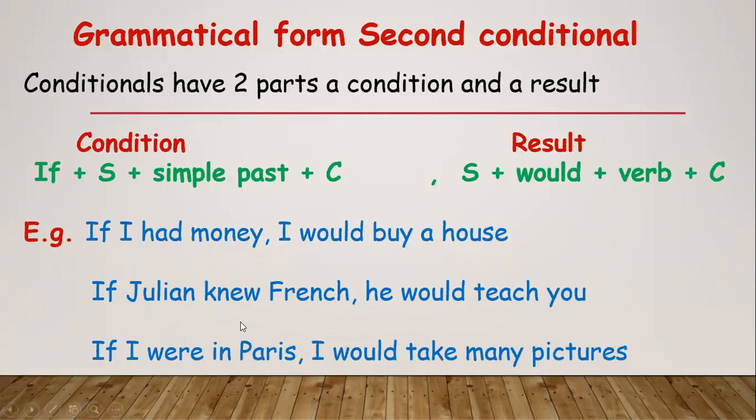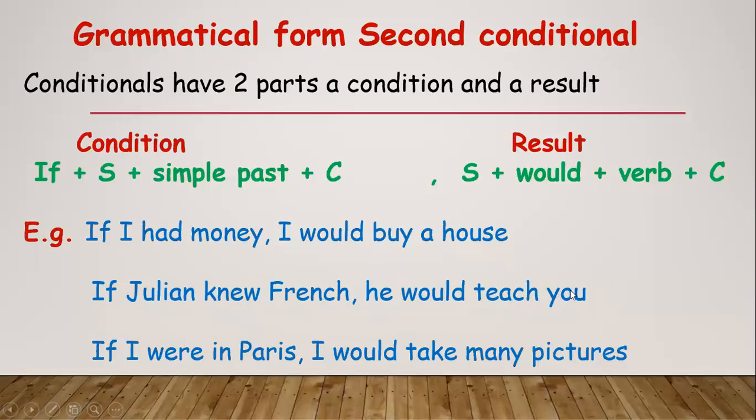So let's see the next example. If Julian knew French, look, if, subject, that is Julian, knew, simple past of know, and French, complement, comma, he would teach you. He, subject, would, modal verb for hypothetical situations, teach, main verb, and complement, you, okay?